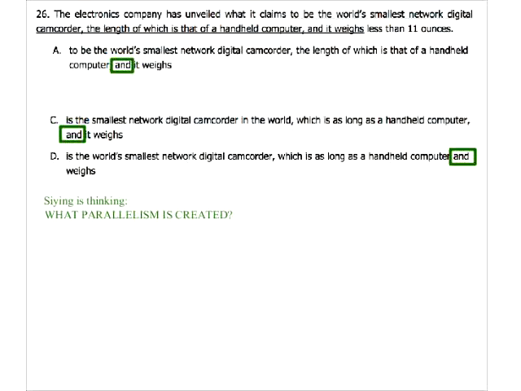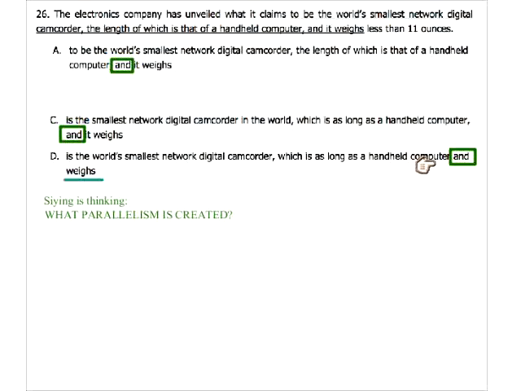Okay. So, what parallelism is created? Well, let's take a look at D. This is just "weighs." Because remember that words that come after these parallel words are definitely included. So this is blah, blah, blah, and weighs less than 11 ounces.